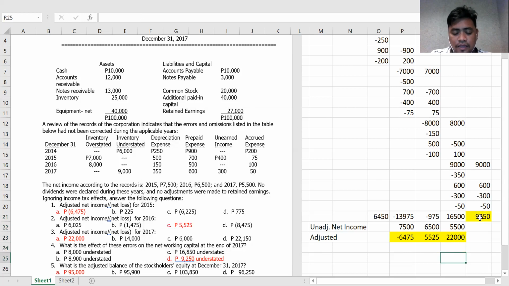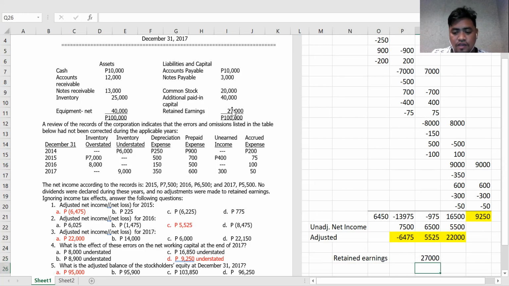And then, next question, what is the adjusted balance of the shareholders' equity? Okay? So we have to get the adjusted balance of the retained earnings first. So this is the unadjusted, you have 27,000.